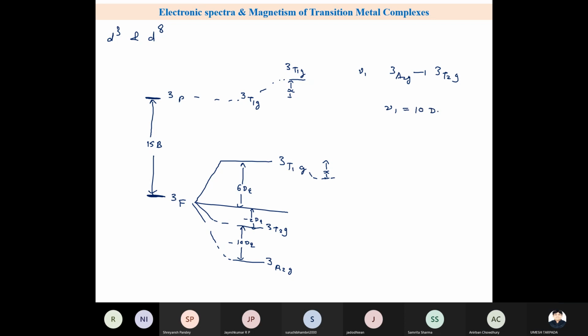Okay, here there is no X. In this case, X is the magnitude of energy owing to the non-crossing rule, or you can say with the same symmetrical state. So nu1 is 10 Dq. What is nu2? 12 Dq. Nu2 is 18, it's 18 Dq.